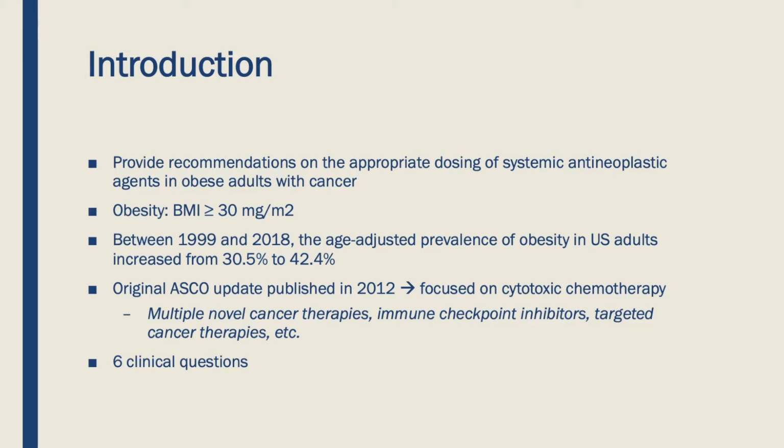As I mentioned in a prior slide, the original ASCO update was published in 2012, and this focused on cytotoxic chemotherapy. However, since that time, there have been multiple novel cancer therapies, including immune checkpoint inhibitors, targeted cancer therapies, and other therapies that have come to the market that we are using very frequently in our patients for cancer treatment.